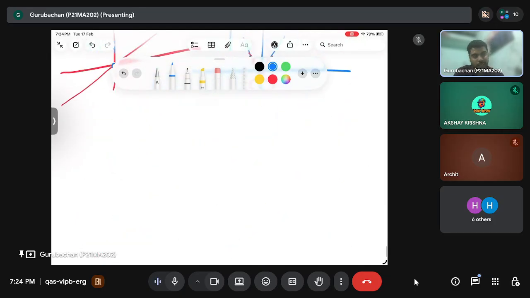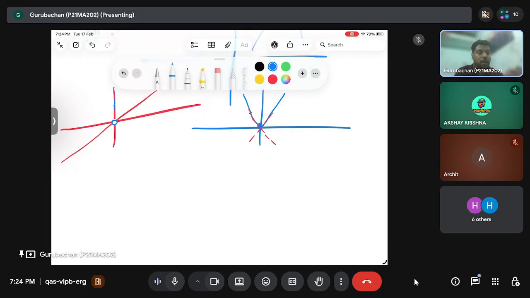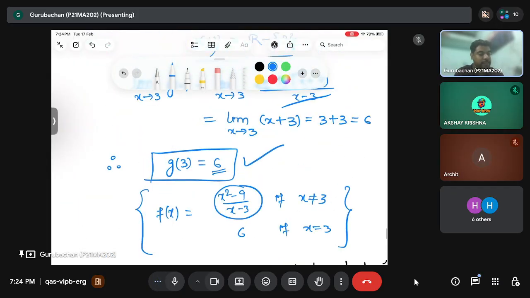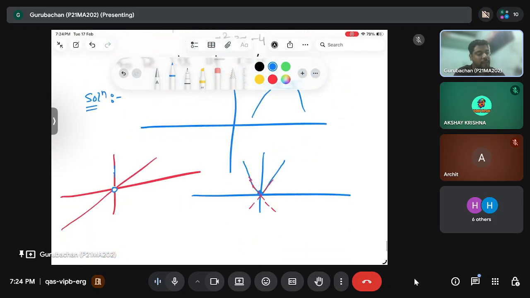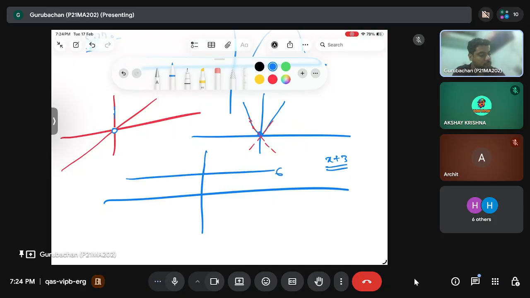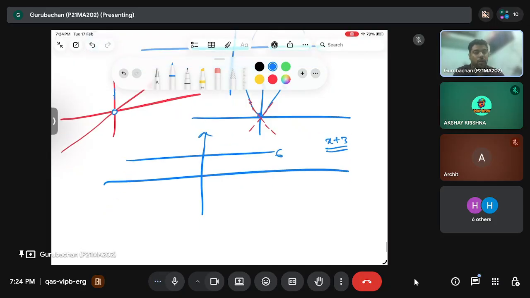So this is a rational kind of function. The limit is existing, and the limit is about 6. I am saying this is a removable kind of discontinuity, so this is x plus 3. So its limit is existing at 6, and from both ways this function approaches 6.